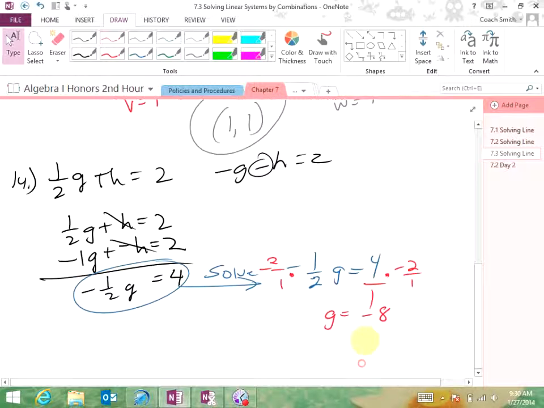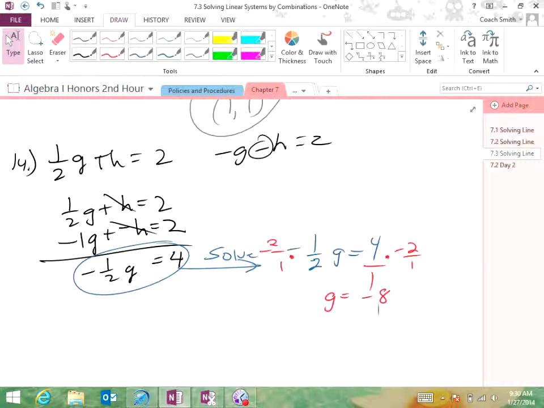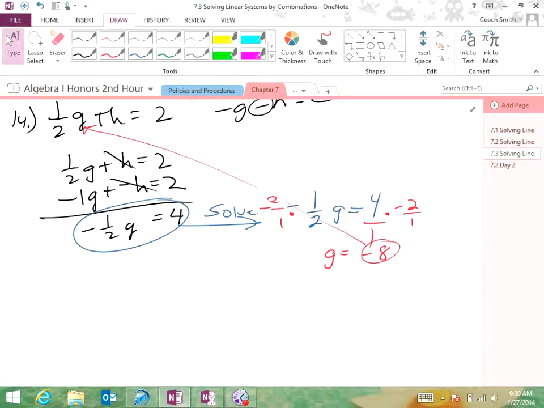Now, once again, you can plug it into either equation. It doesn't matter. I'm going to plug it into this equation, so I don't have to deal with the negative h over on the other one. It will come out the same, but I'm just going to do it here.